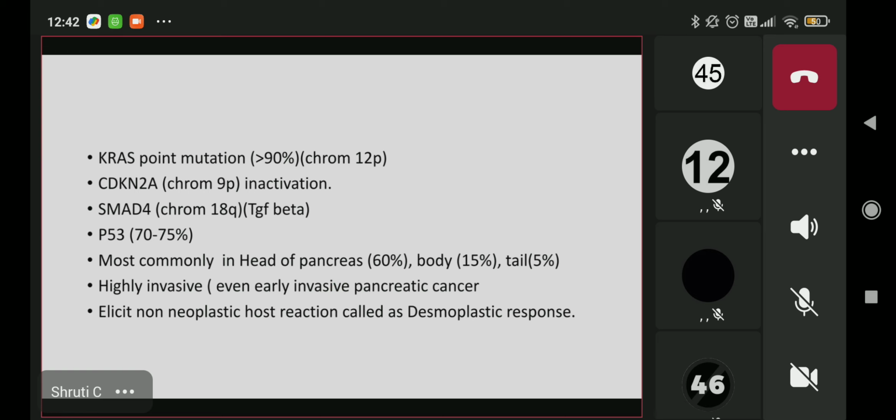One more important thing in pancreatic carcinoma is the desmoplastic response, because this neoplasia elicits a non-neoplastic host reaction in the non-neoplastic tissue, and it causes an intense reaction comprising fibroblasts, lymphocyte accumulation, and extracellular matrix accumulation, and this leads to the desmoplastic response.